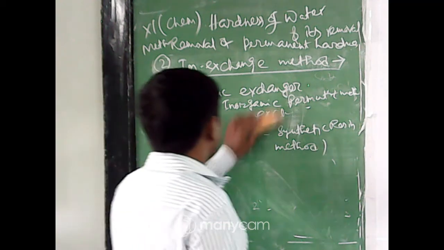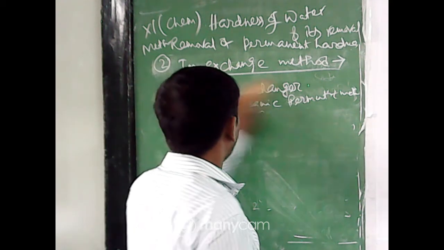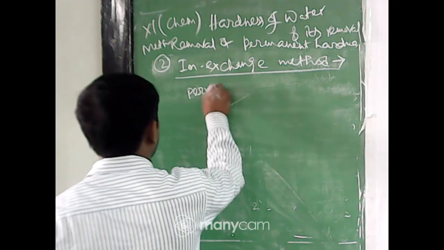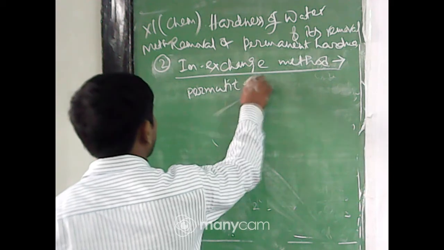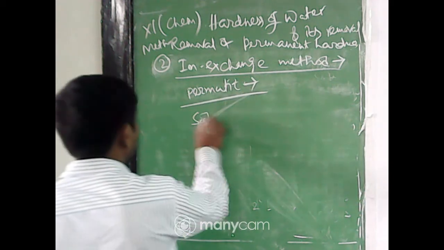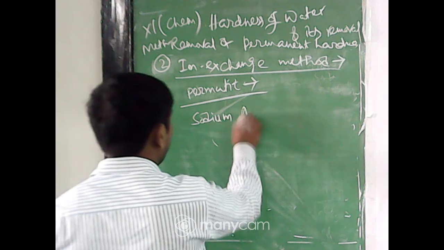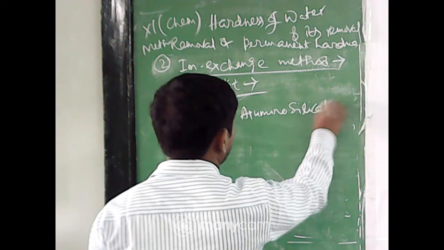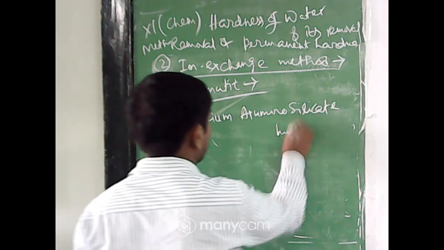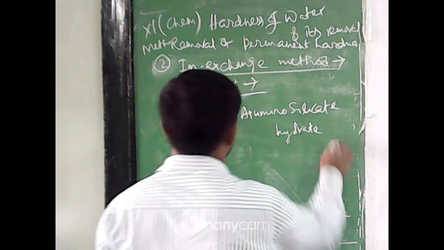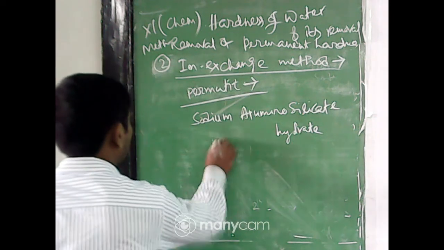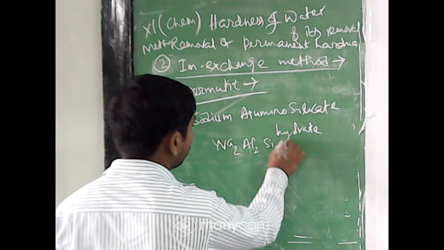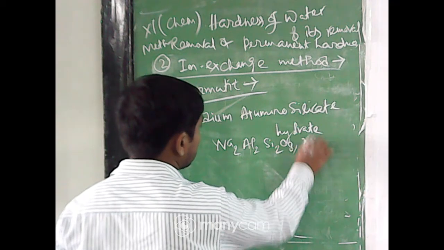First, move to the inorganic ion exchanger or cationic exchanger. Now, what is Permutit? Permutit is sodium aluminosilicate hydrate, with the formula Na2Al2Si2O8·xH2O.